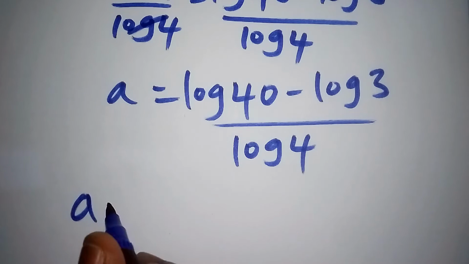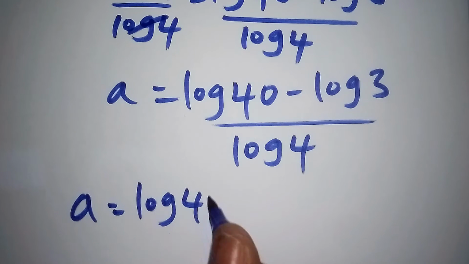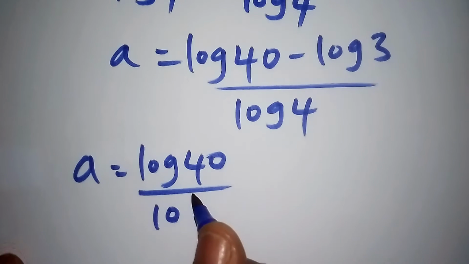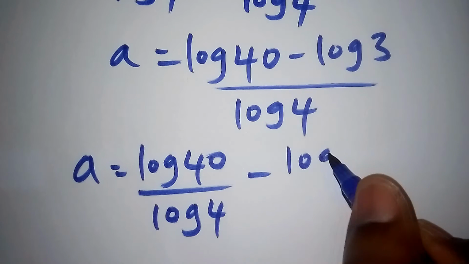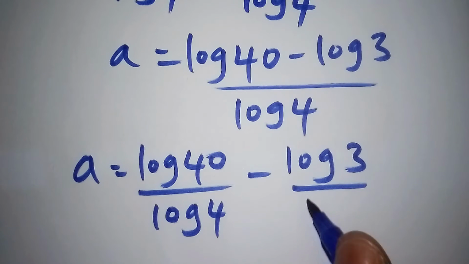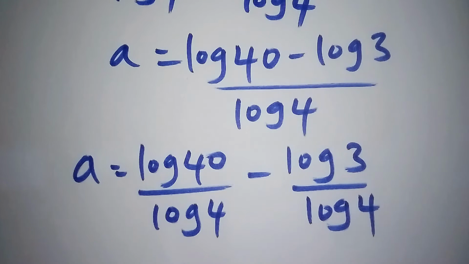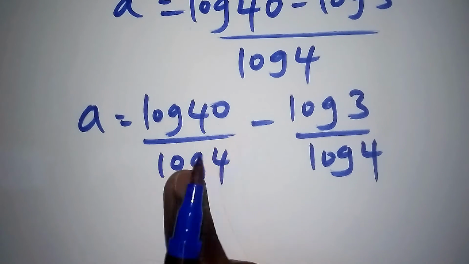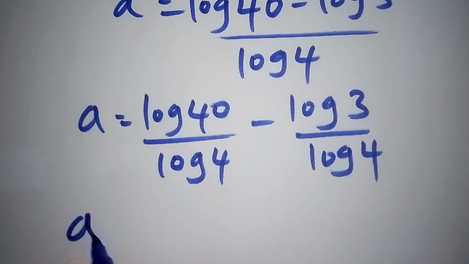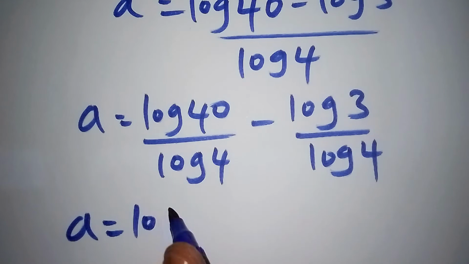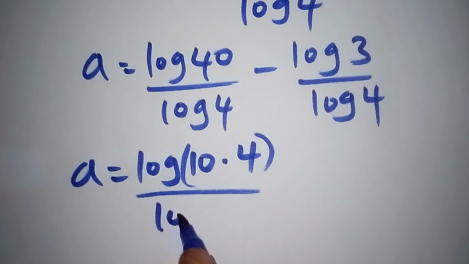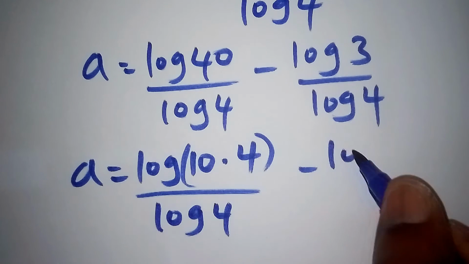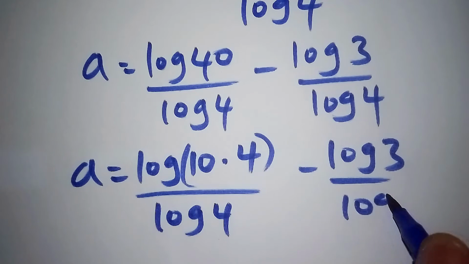Our value for a is equal to the log of 40 all over the log of 4, minus the log of 3 all over the log of 4. We can still simplify the log of 40 all over the log of 4 by writing it as the log of 10 multiplied by 4, all over the log of 4, minus the log of 3 all over the log of 4.